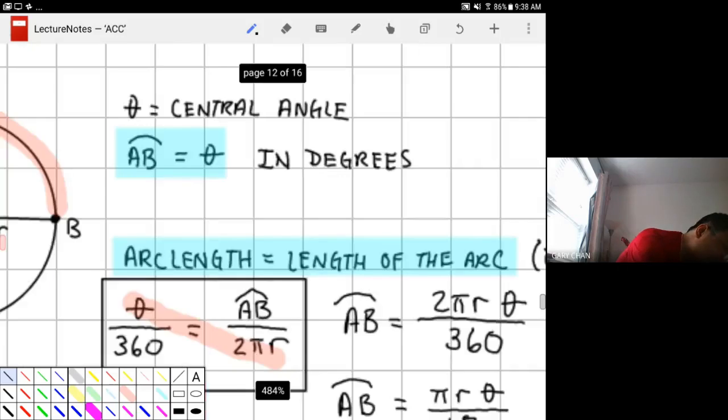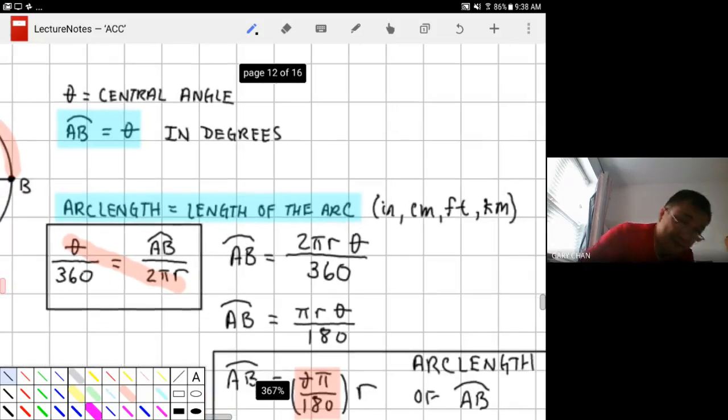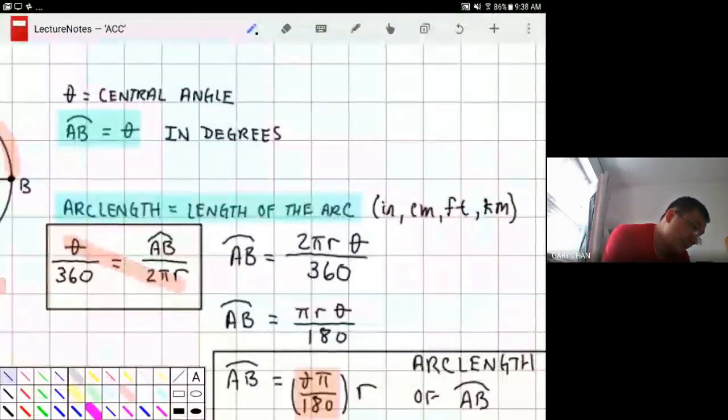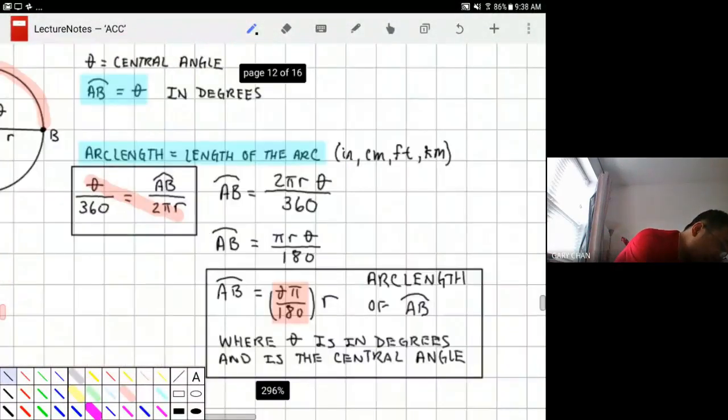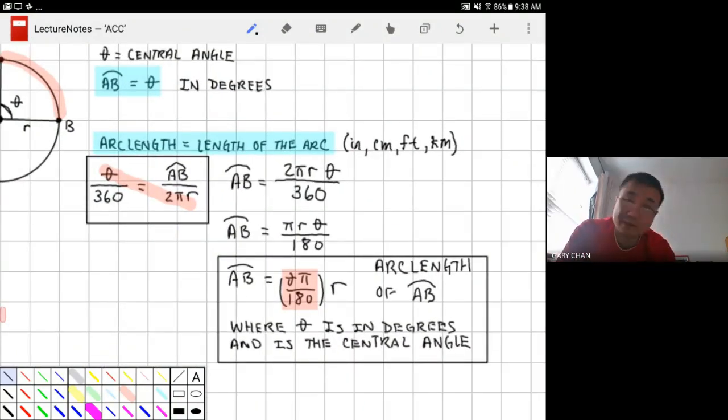And arc length is measured in units of length, like feet, inches, centimeters, and meters. And the last thing that was new for today was that formula. You can find arc length either by setting up a proportion or by using that formula that I gave you there.